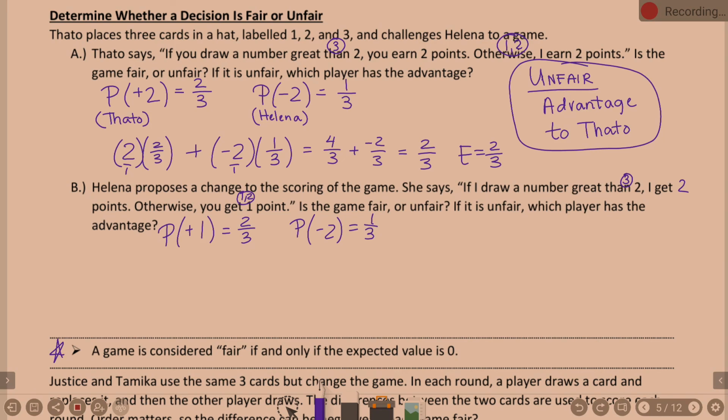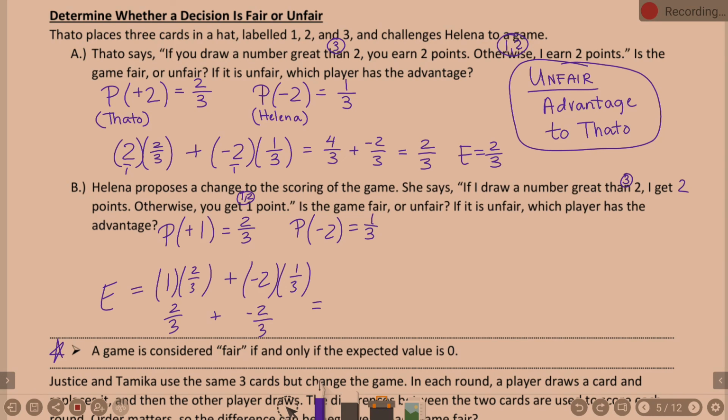This time we're going to be doing 1 times 2/3 plus negative 2 times 1/3. Well, 1 times 2/3 is going to be 2/3. Negative 2 times 1/3? Negative 2/3. What's 2/3 plus negative 2/3?